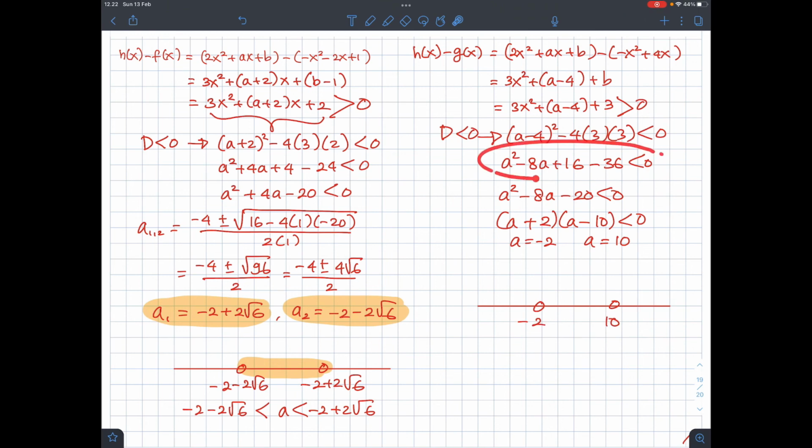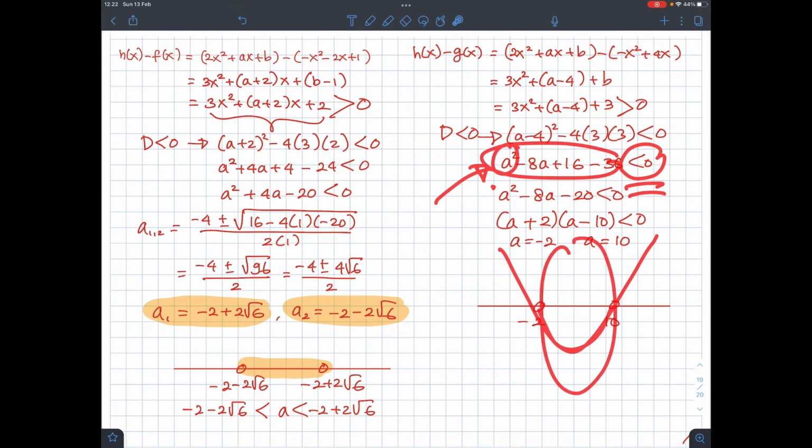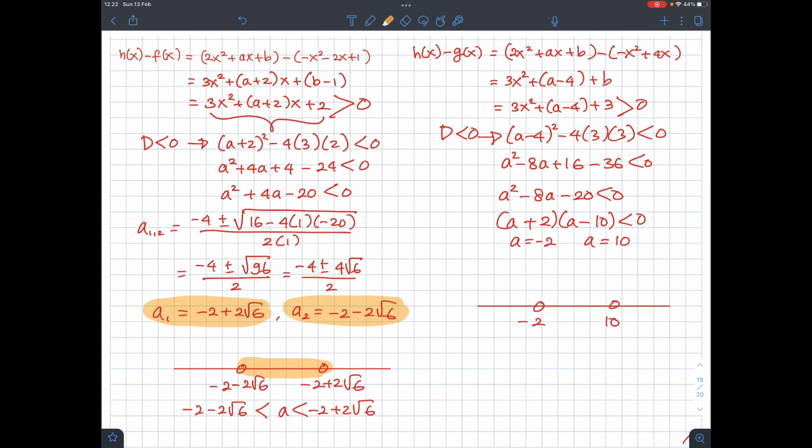You can see here the quadratic function has a positive coefficient of a squared, so the sketch will look like this, and they ask you which part of this quadratic function is below the x-axis. So here below the x-axis, we shade this part.